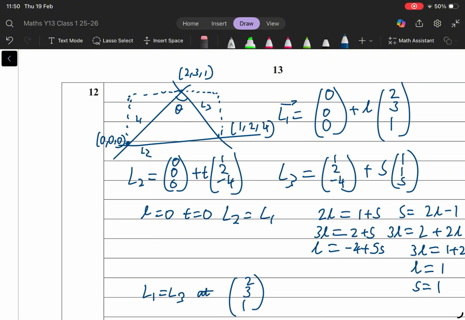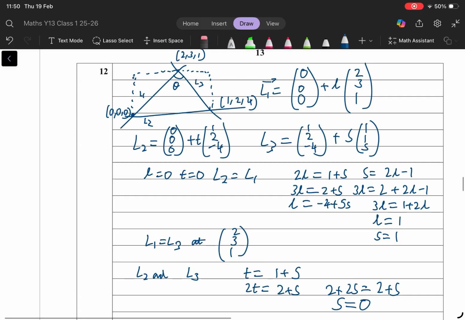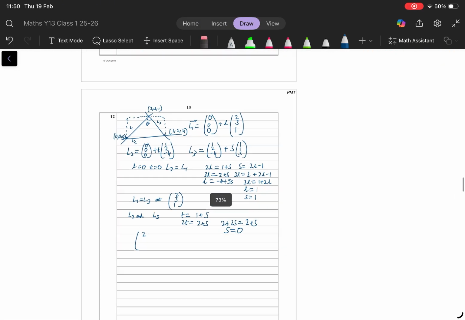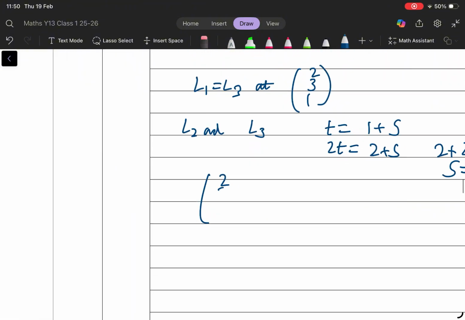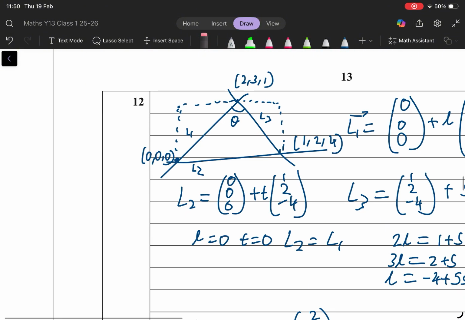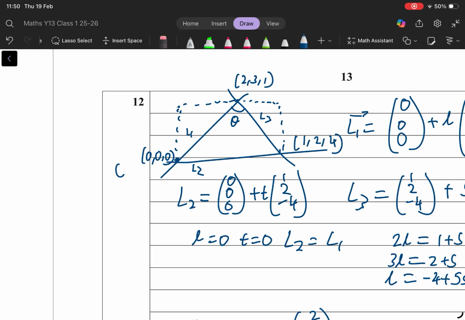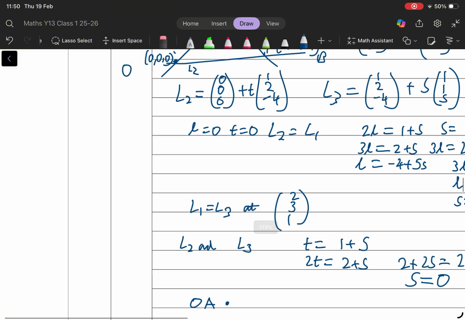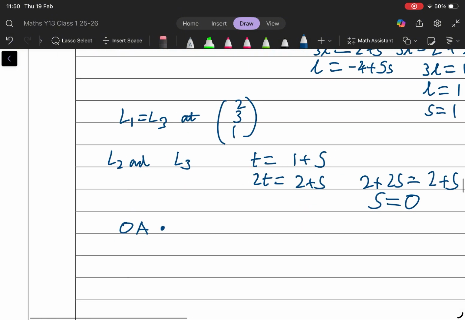So now if we call these points O, A, B, we need to do OA dotted with BA.